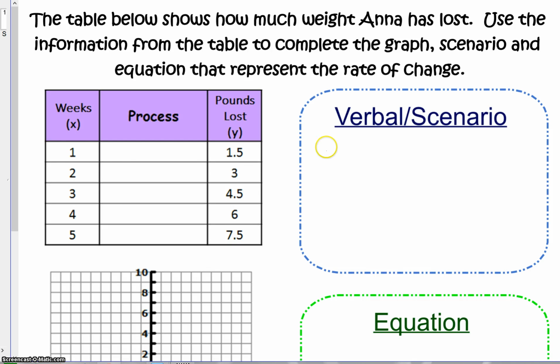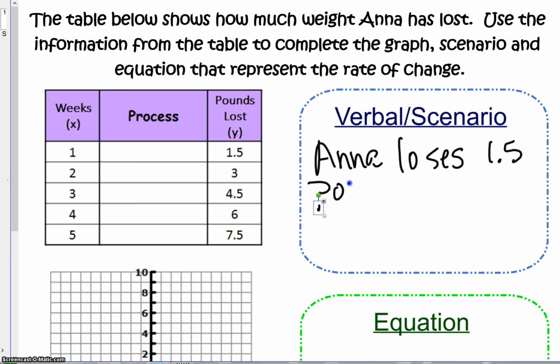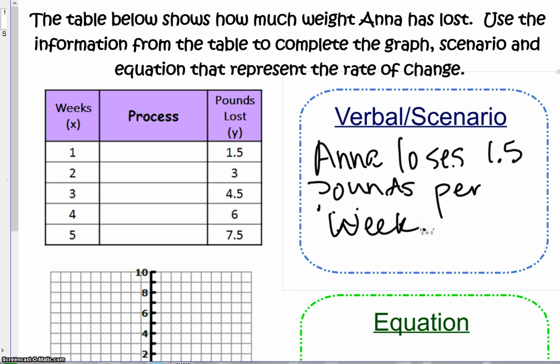We know that Anna loses 1.5 pounds per what? Per week. And we get that from the table, weeks and pounds.